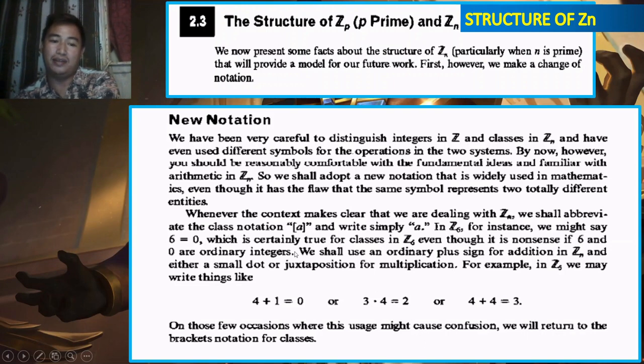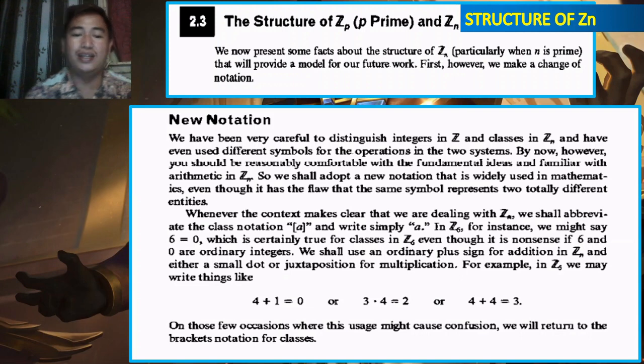So, sa Z6, di ba si 6 kay equivalent man siya sa 0 mod n. So, 6 is equal to 0. Diretso na class, 6 equals 0. Wala na tayo mod n. So, which is clearly true for classes in Z6, even though it is nonsense if 6 and 0 are ordinary integers. Pero di na sa ordinary ha. Okay. Again, equivalence classes na siya si 0 o si 6.